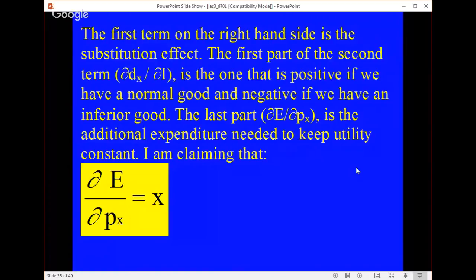So if I take just that, 100 equals 5x plus 3y, and I take the derivative with respect to px, I just get x. Said that badly, so now I have to write it.